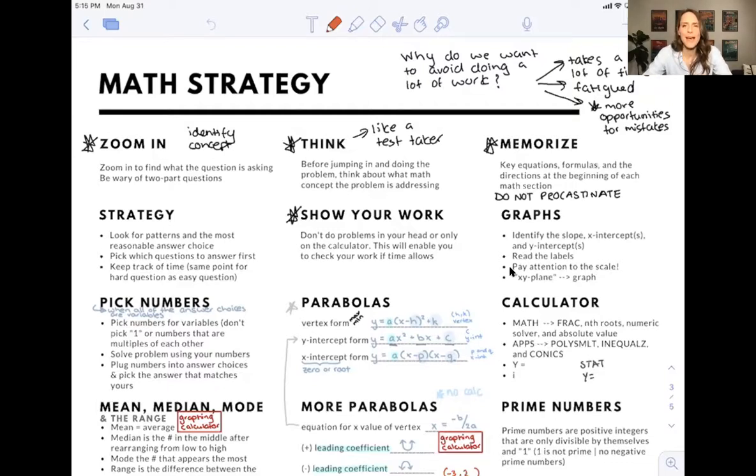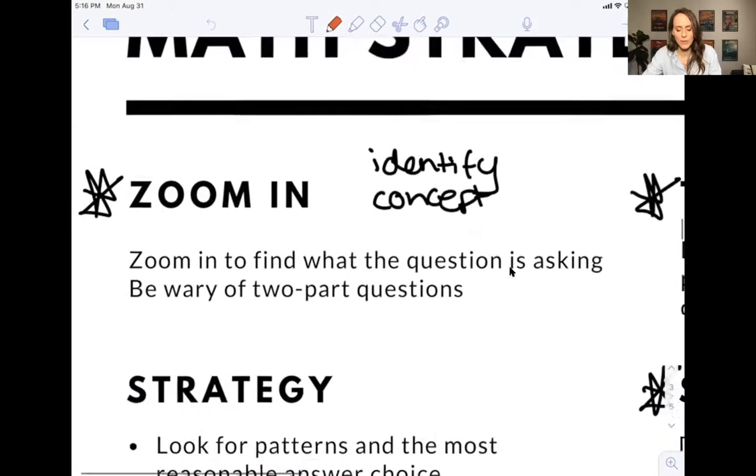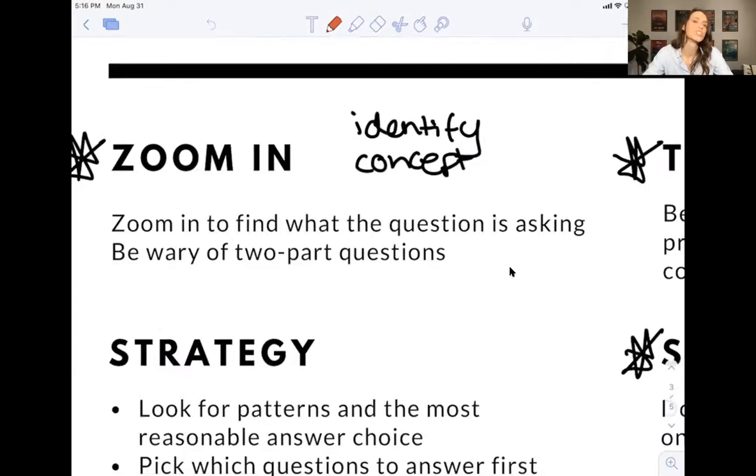So for the math strategies, we're going to zoom in on all the math sections. Both in no calculator and calculator math, we're going to zoom in and figure out what the question is asking and what concept we need to know. We're also going to be really careful and watch out for two-part questions or questions that require us to do more than one thing.